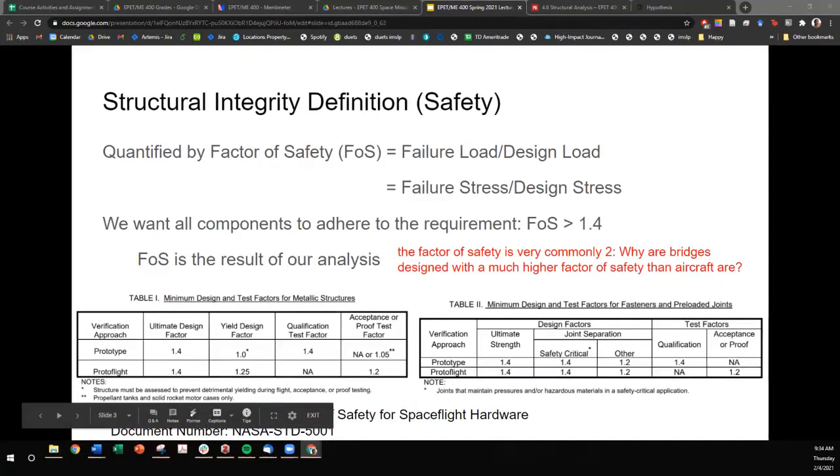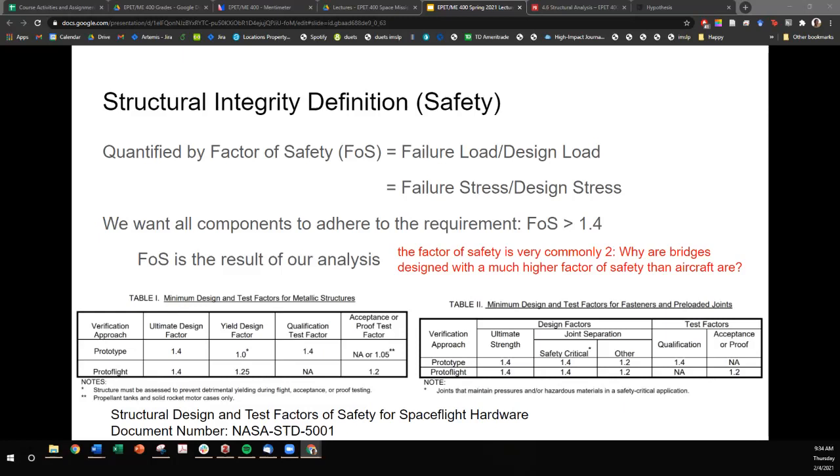You'll notice that for different materials and for different functional parts, the safety factor requirements are different. So just make sure that, well, our CubeSat isn't going to be that complex in the types of components inside, but just make sure that you're aware that different components have different degrees of factor of safety.